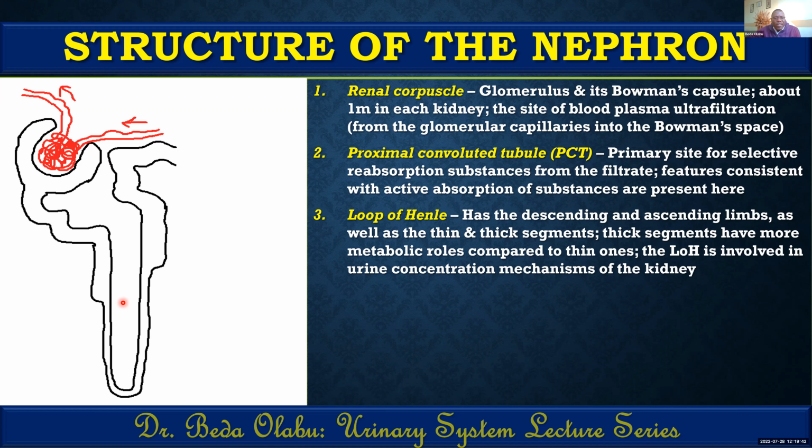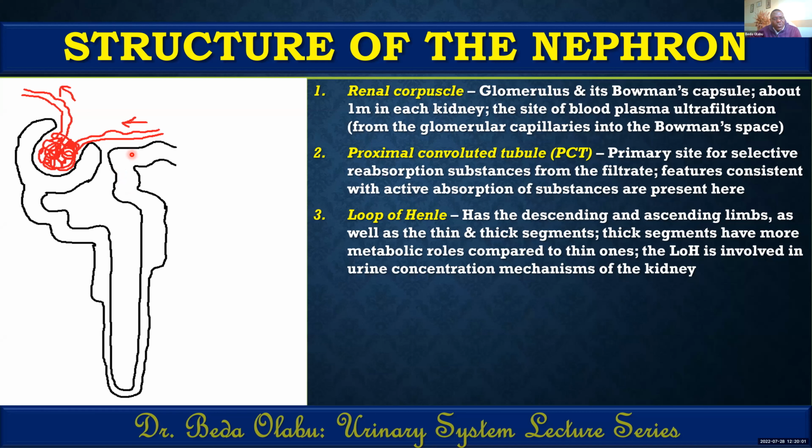From the loop, we have the distal convoluted tubule. The distal convoluted tubule, again, is convoluted. The structure is similar to that of the PCT, except that it doesn't have microvilli or hardly any.